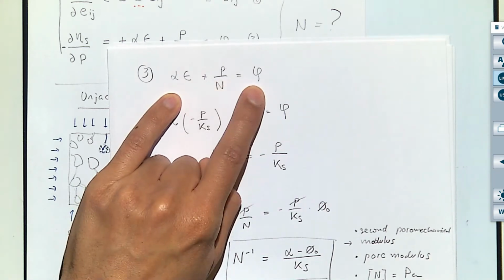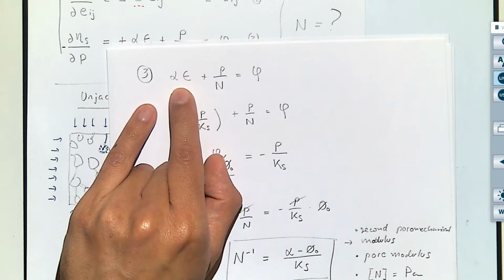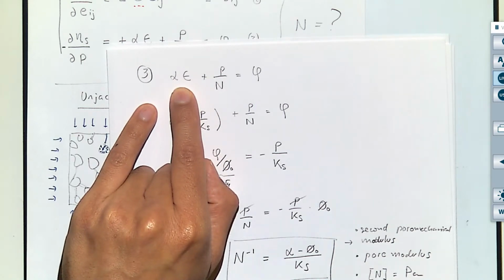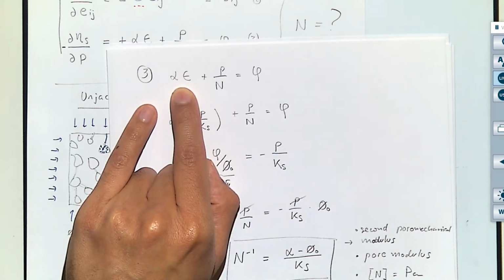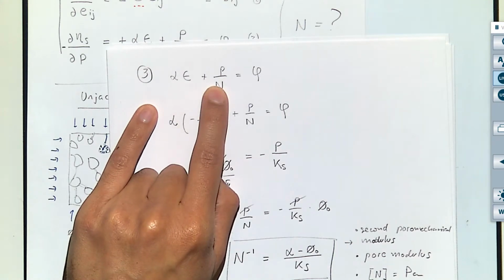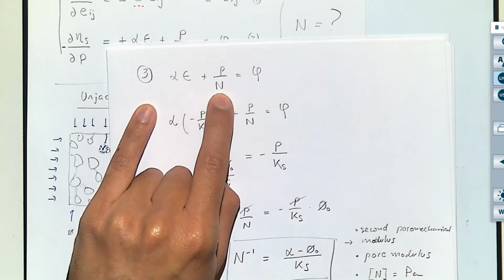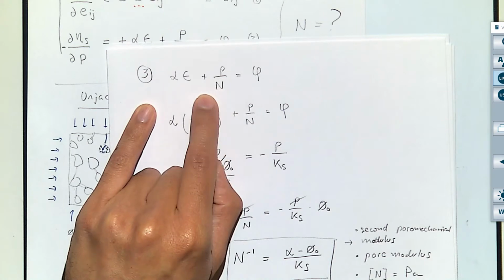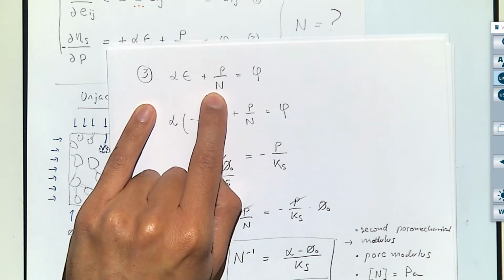So your porosity is going to change because of deformations of the entire porous solid, but it's also going to change because of change of pore pressure. And the contribution of that depends on the Pore Modulus, N.